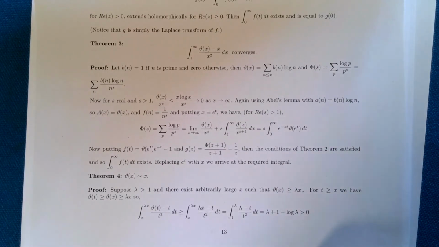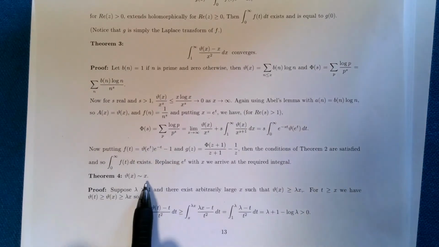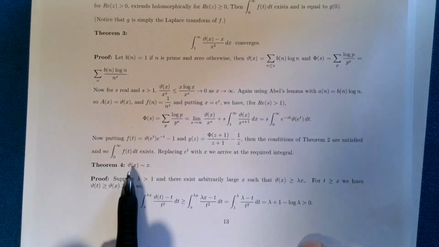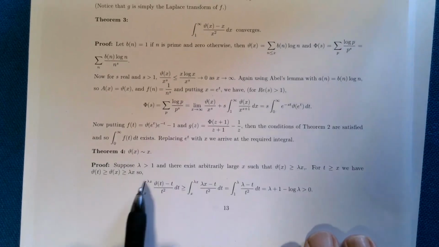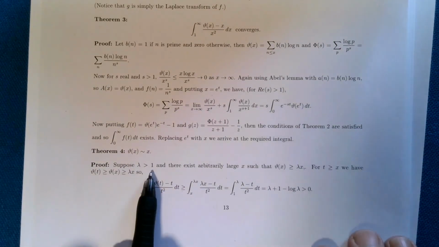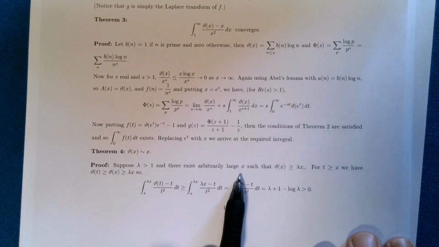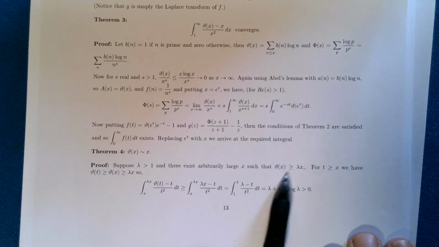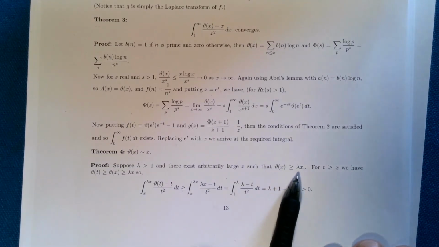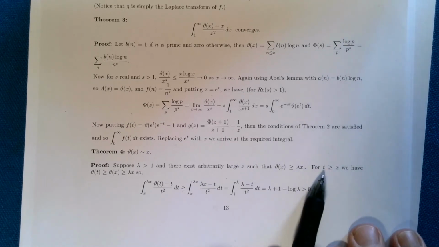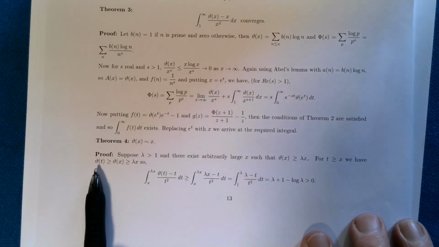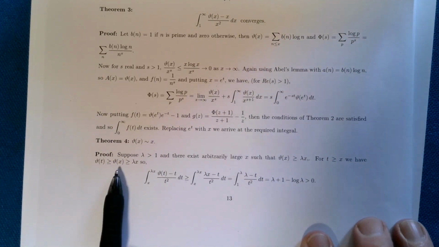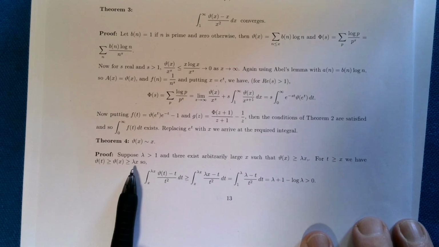Finally, we want to show that theta of x is asymptotic to x, which is equivalent to the prime number theorem. So again, we suppose lambda is bigger than 1, and there exist arbitrarily large x so that theta of x is bigger or equal to lambda x, and we want to get a contradiction out of that. So for t bigger than x, we can write theta of t is bigger than theta of x, which by our assumption is bigger than lambda x.